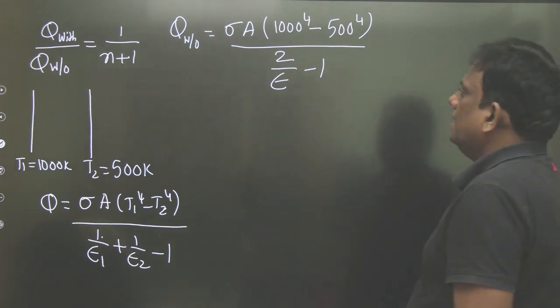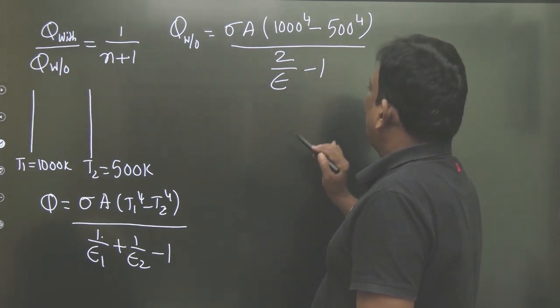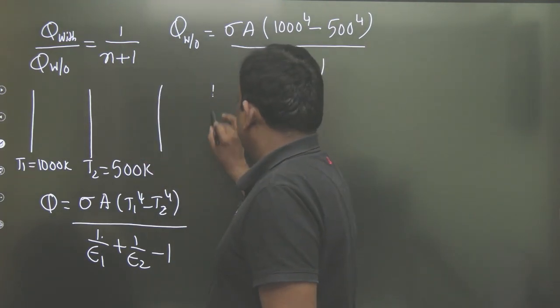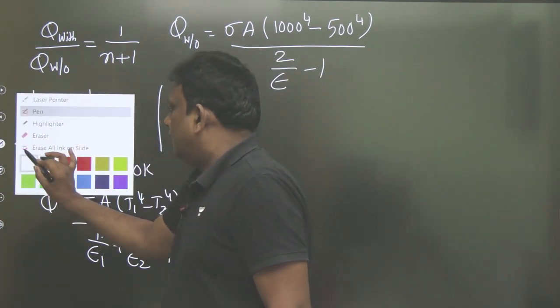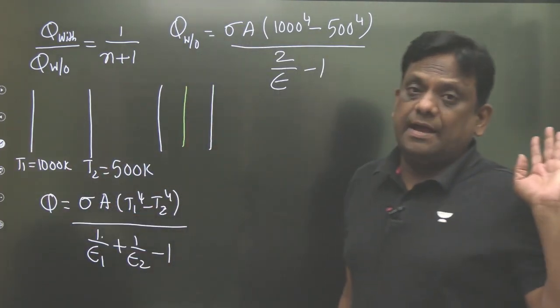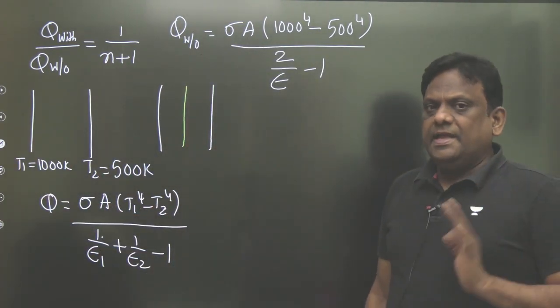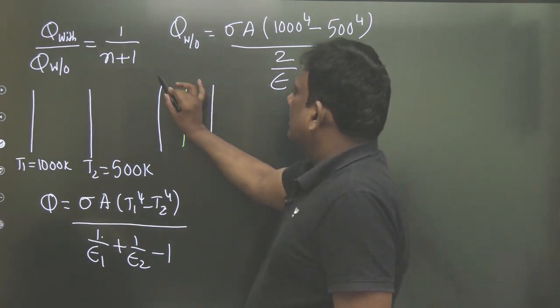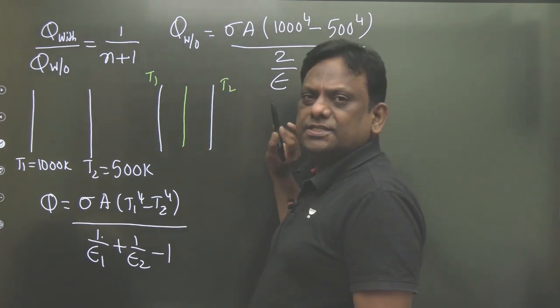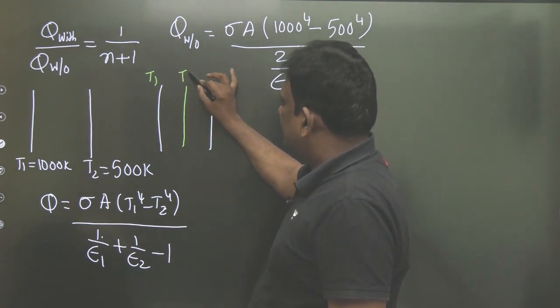Now, if you understand carefully, my dear students, if I introduce a shield, I don't know how many shields I am introducing. If I introduce shields, this is T1 and this is T2, which is not changing, and let this temperature be some T3.